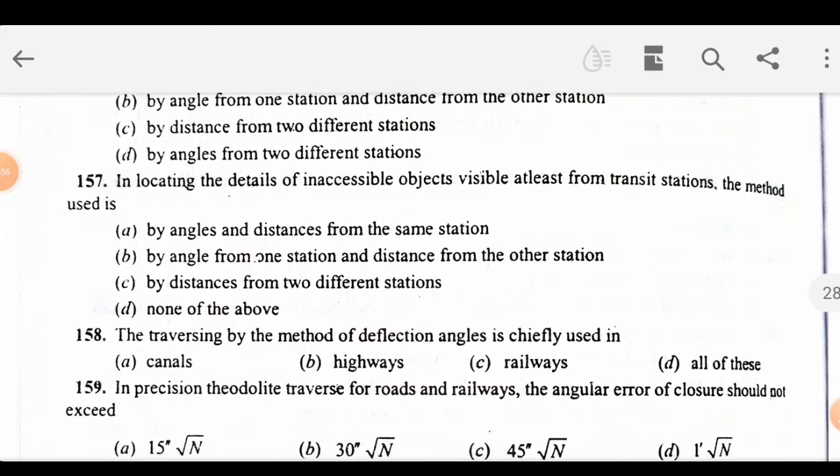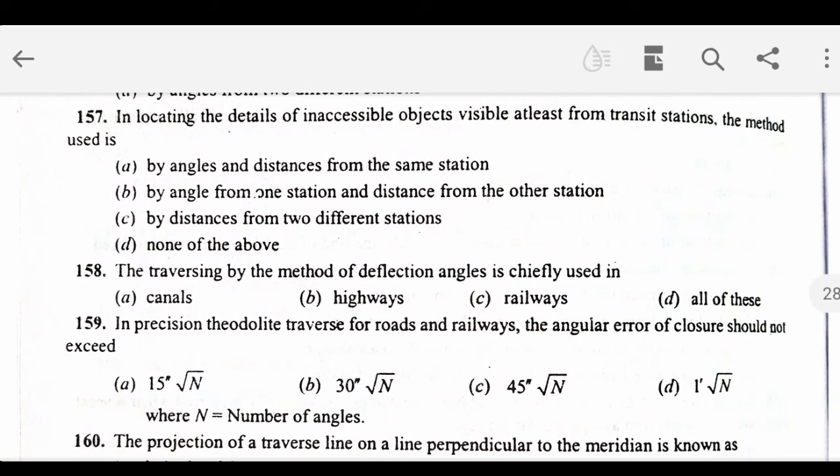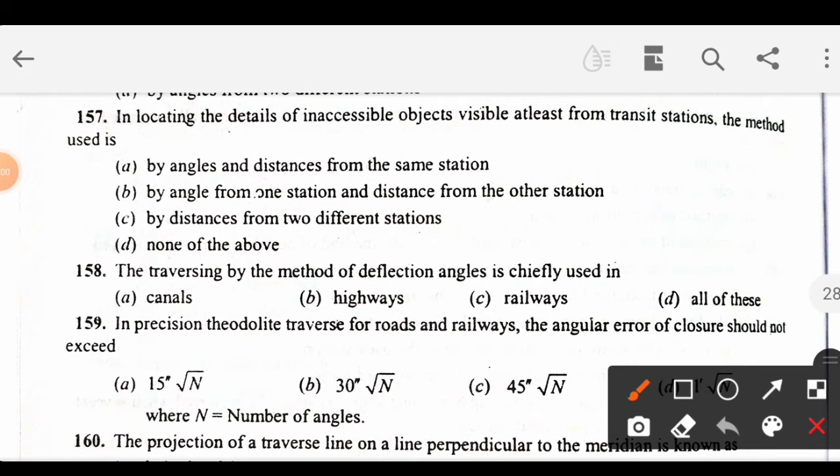157 number question, in locating the details of inaccessible objects visible at least from transit station, the method used is... यहाँ पे ए बी सी ऑप्शन में कोई भी नहीं होगा। करेक्ट आंसर none of the above.